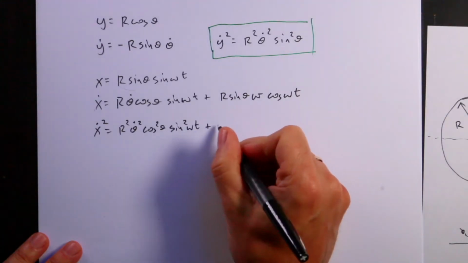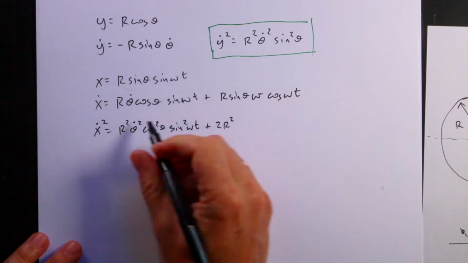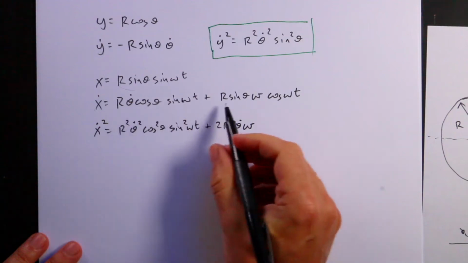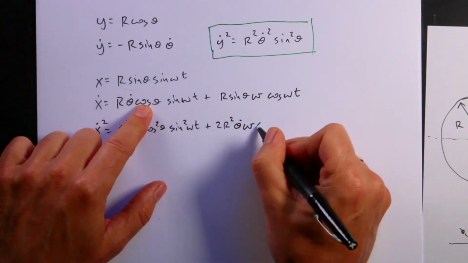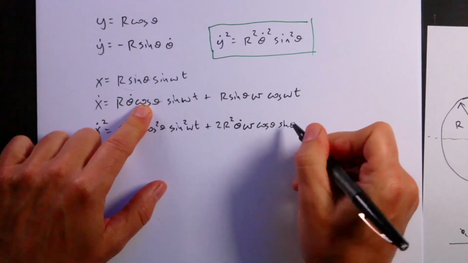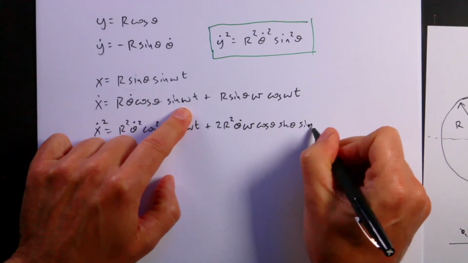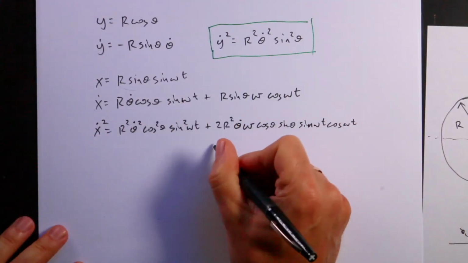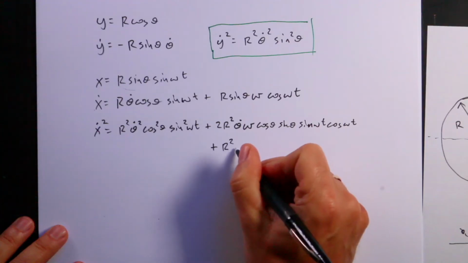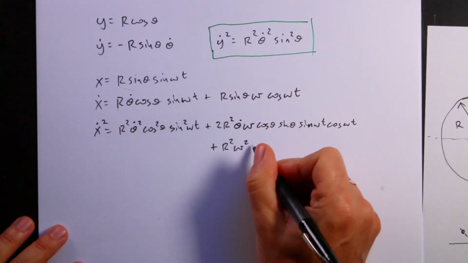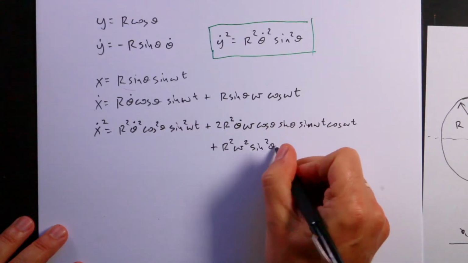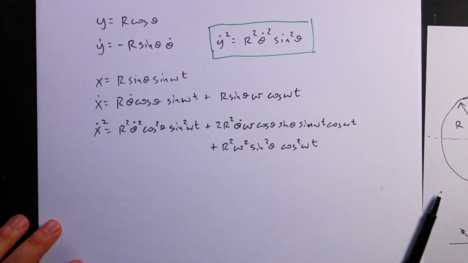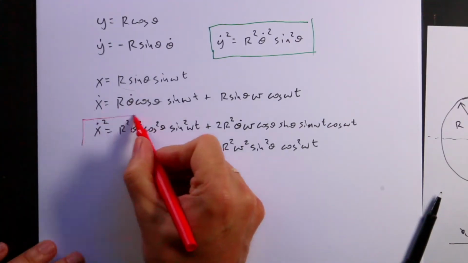I'm going to get plus 2r squared theta dot omega cosine theta sine theta sine omega t cosine omega t. And then this last term, plus r squared omega squared, I'll pull the omega out front, sine squared theta cosine squared omega t. And I should put that in a box, a red box.